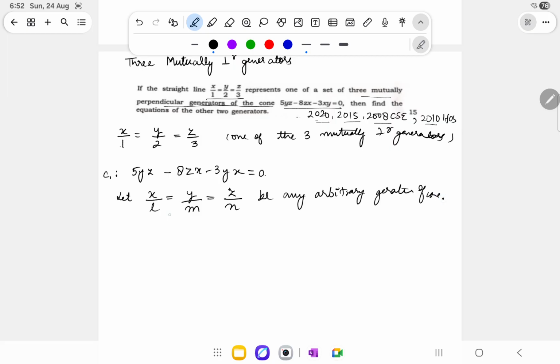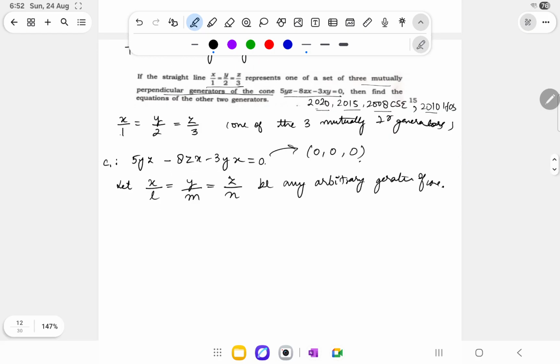I'm taking it as x minus 0, y minus 0 and z minus 0, because the vertex of this cone is 0, 0, 0 and any generator of the cone will be passing via the vertex. So I'm taking this as any arbitrary generator. If this is mutually perpendicular to the given straight line, from there I'll get L plus 2m plus 3n equals 0.